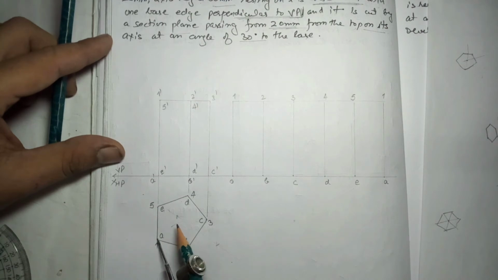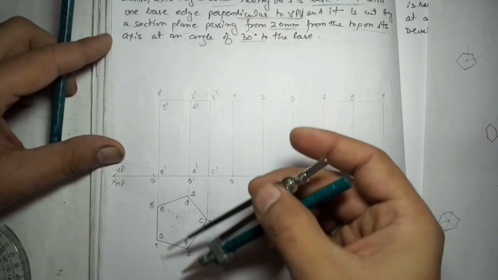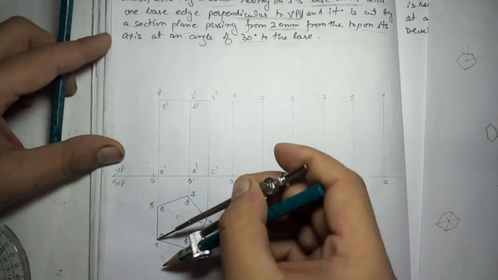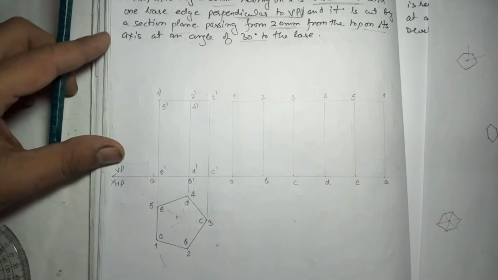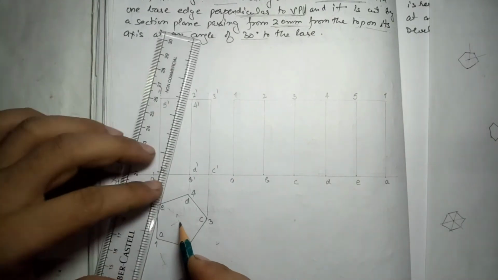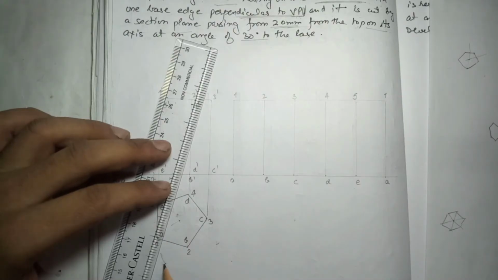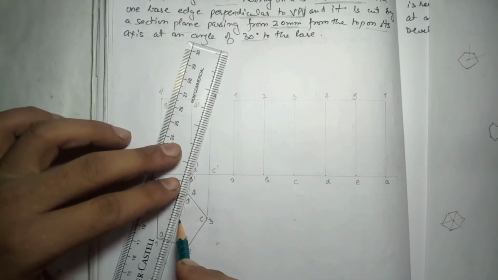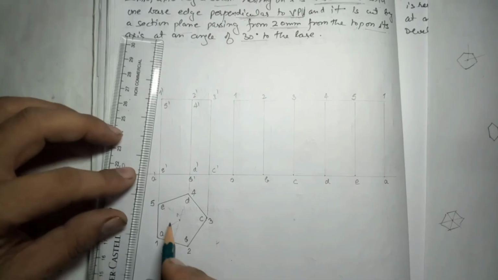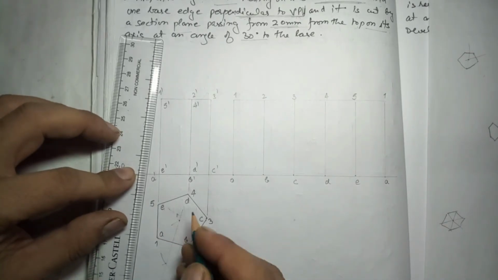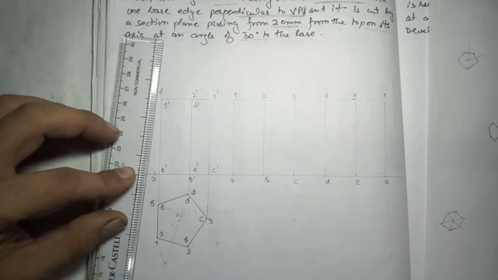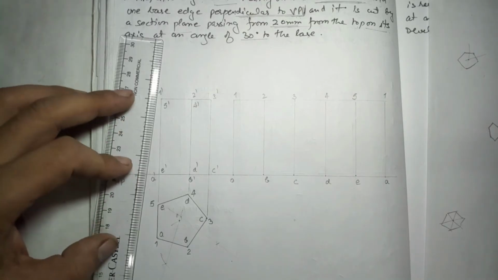From this point, do not change the size of the arc. Taking the same size of arc means same radius and this. After that you have to again join the intersection of these two arcs, intersecting here and here. Just draw the line. By doing this, this line and this line, it is intersecting here. So this is the center point of the pentagonal prism.